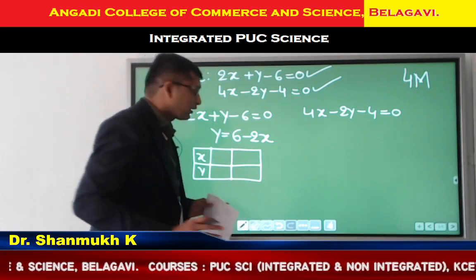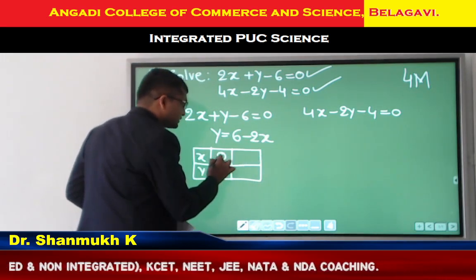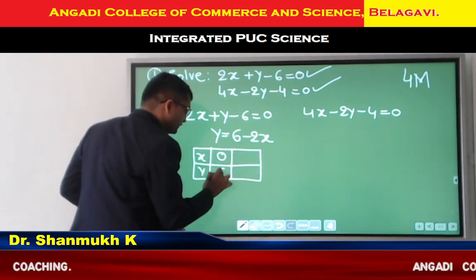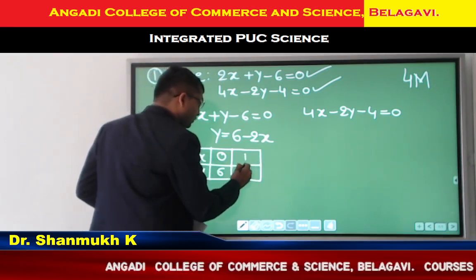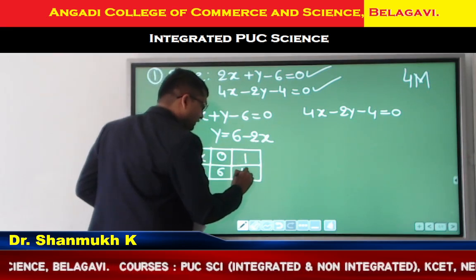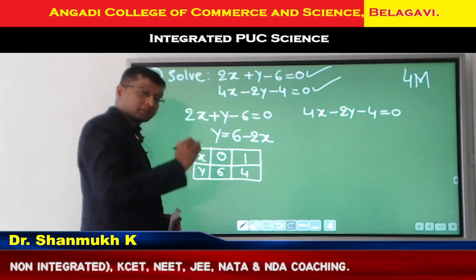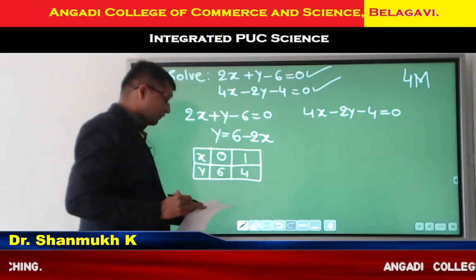So I take x as 0. 0 into 2 is 0, 6 minus 0 we get as 6. In the next step I take x as 1. 1 into 2 is 2, 6 minus 2 we get as 4. So taking x equal to 0, y equal to 6, and taking x as 1, y we get as 4.